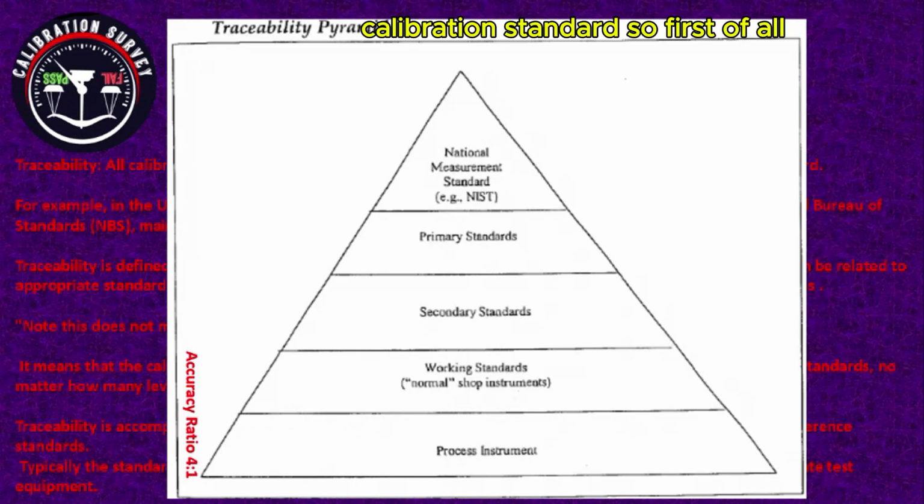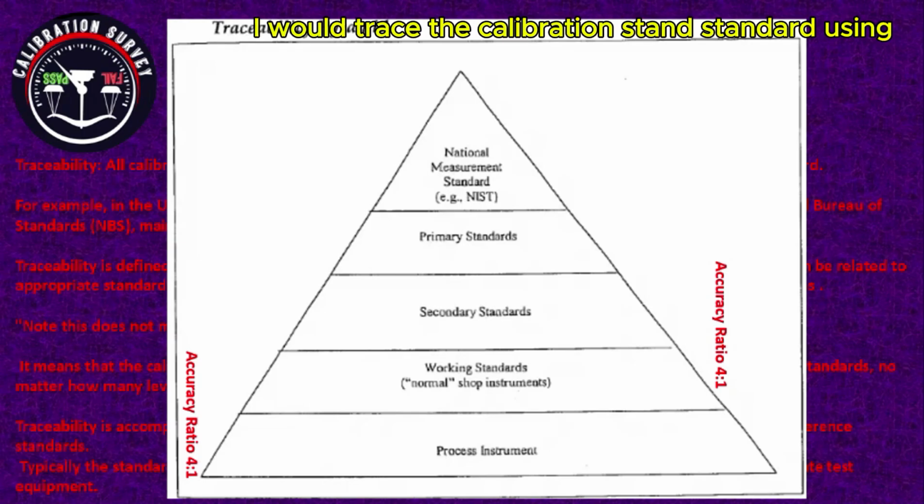So first of all, I will trace the calibration process from the process instrument to the workshop or the lab that did the calibration. Then I would trace the calibration standard used in that lab with a secondary standard of a higher level, with at least an accuracy ratio of 4:1.